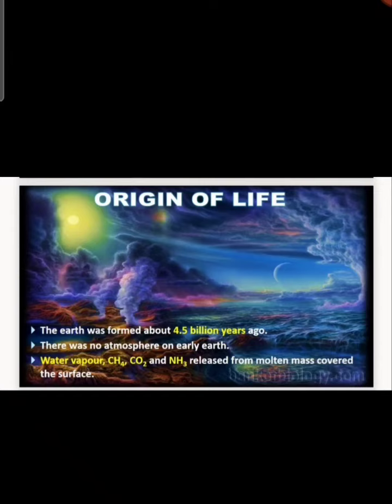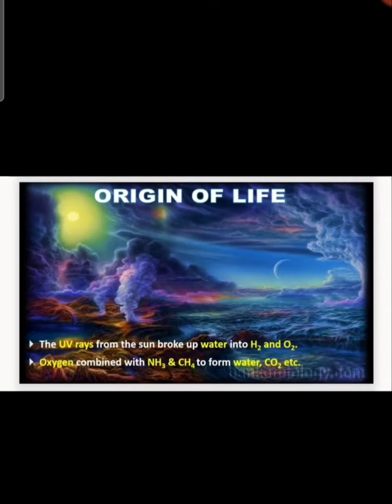The different gases and atmosphere we have now did not exist at that point. Only water vapor, methane, carbon dioxide and ammonia were released from the molten mass and covered the surface.